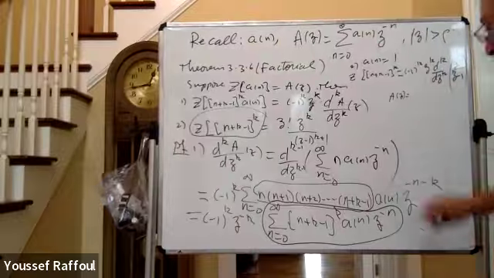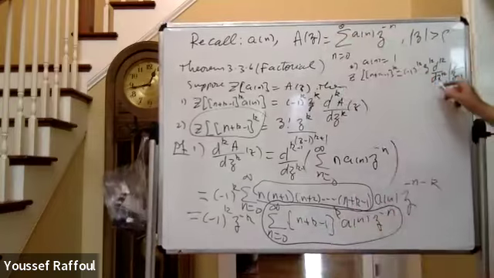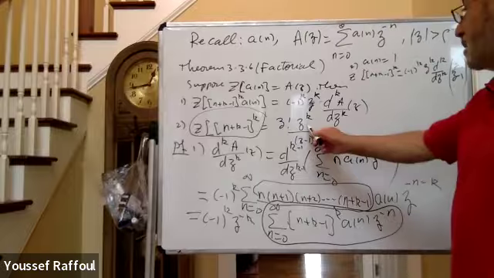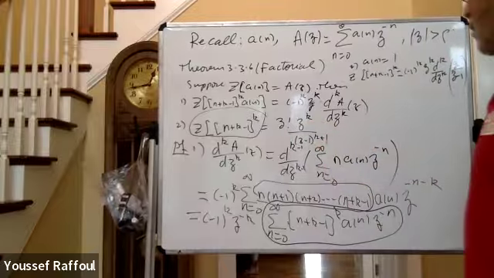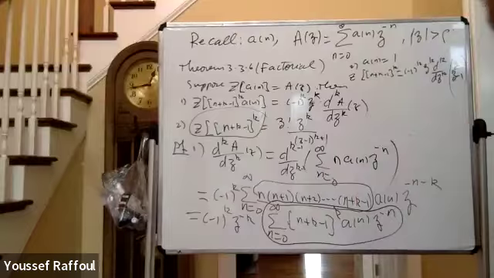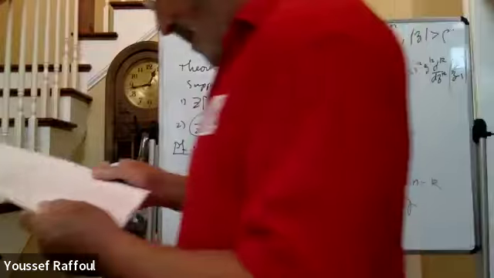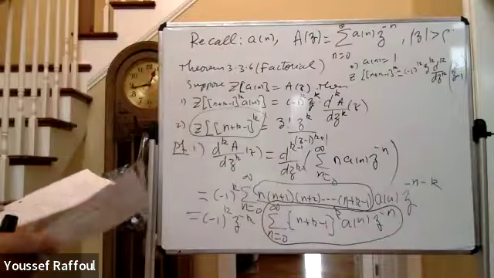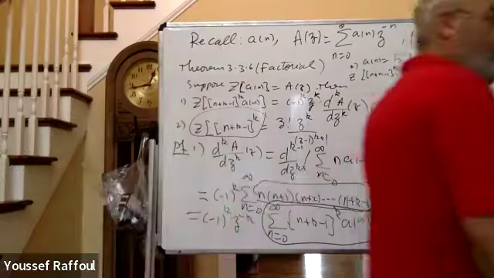And the k-th derivative of that is this one. You get the k! over all that. And then you have a minus n plus, so they will cancel out. Any questions?